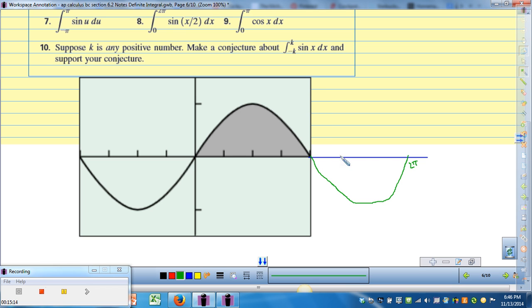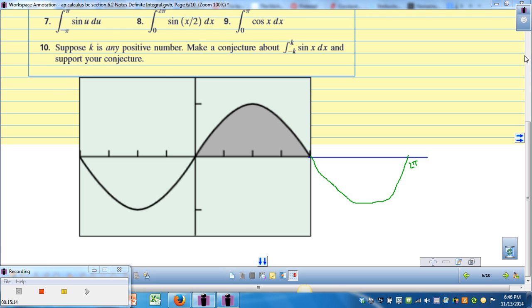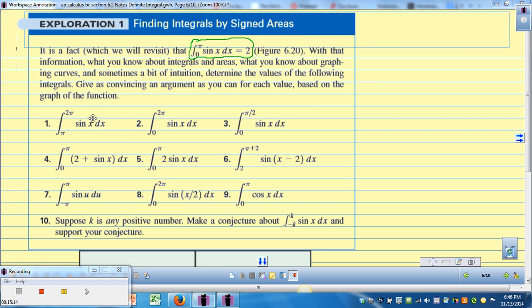We would be moving in the positive x, and the y would be below the axis, so it would be negative, and it would be negative of the value that they gave us for our original definite integral. So this would be negative 2.